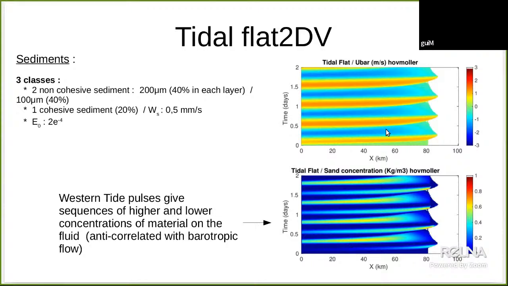We can see that there is an anti-correlation between the velocity and the concentration, and when your velocity is going westward, your concentration in the column will be greater. So it is an example from MUSTANG.